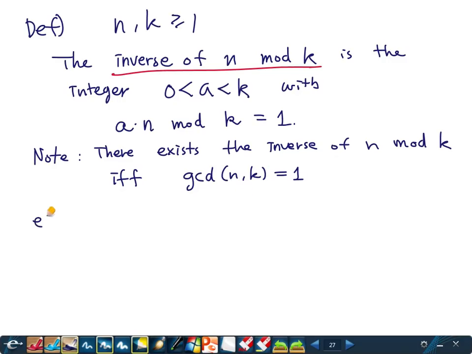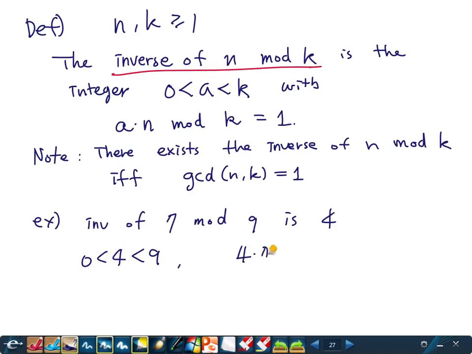So for instance, the inverse of 7 mod 9. Let's compute this. This is 4, in fact, because 4 is between 0 and 9, right? And what is 4 times 7? 28. This mod 9 is what? 1, right?